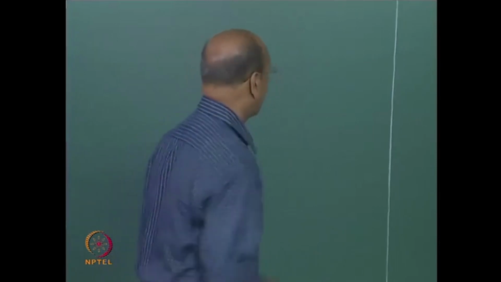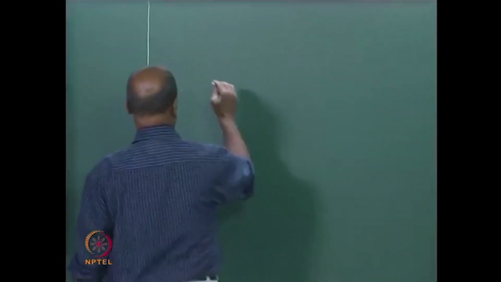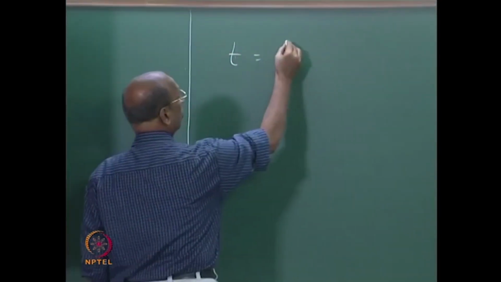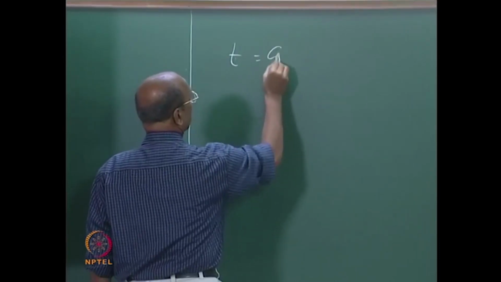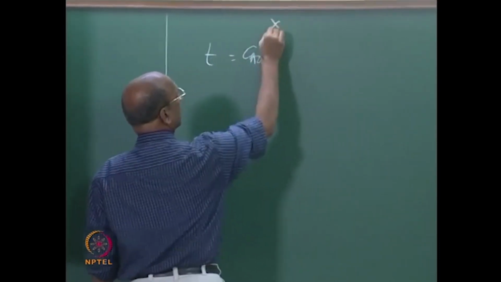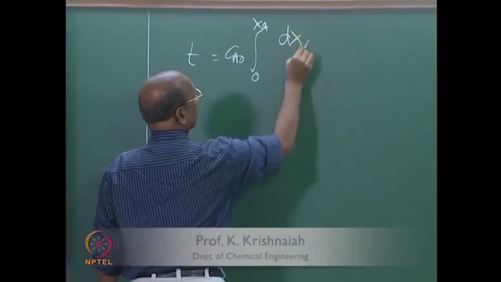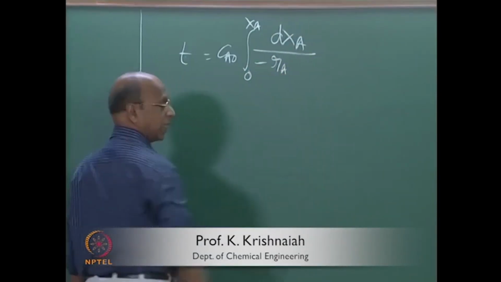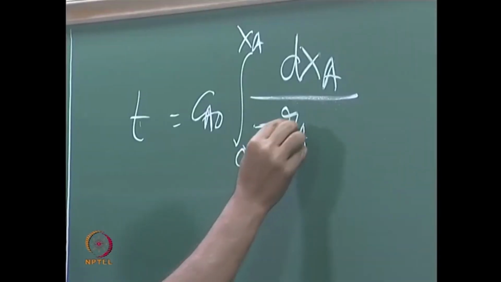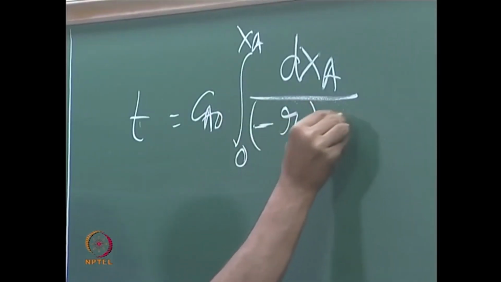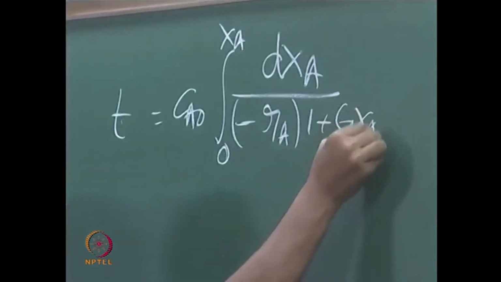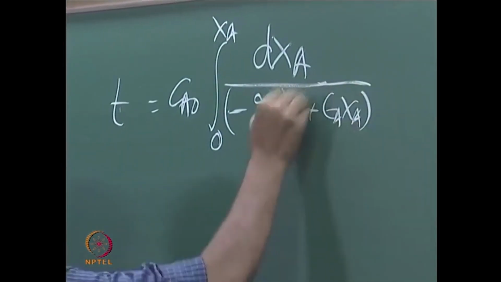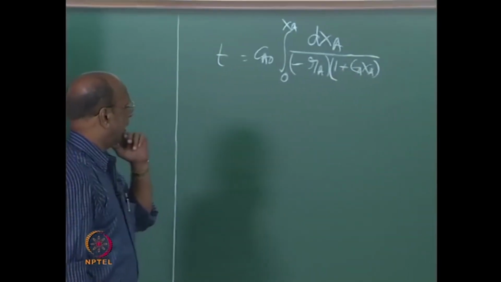Yeah, how do you calculate volume? Okay. So, the general expression we derived in the earlier class was t equal to C_A0 integral 0 to X_A of dX_A by minus r_A, for a constant system; otherwise it is 1 plus epsilon X_A.